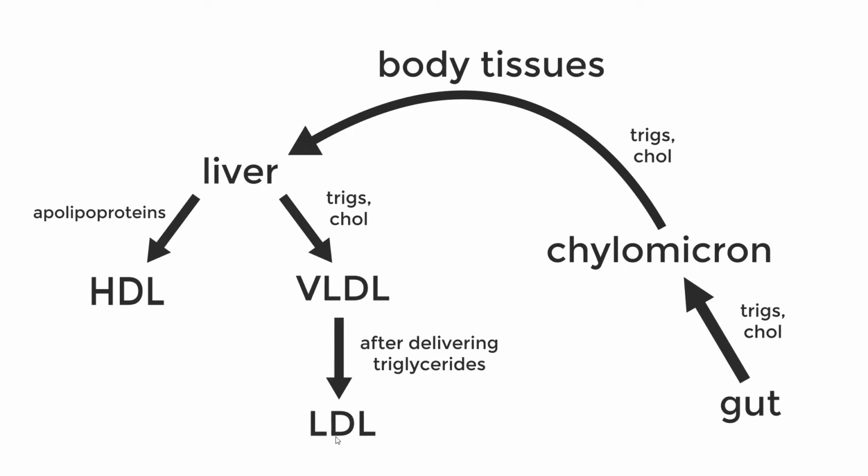The liver also produces HDL, high-density lipoprotein. Unlike the other lipoproteins, its primary purpose is not to deliver lipids to body tissues. It's actually the opposite, to absorb excess cholesterol, which is why it's known as the good cholesterol. Its primary component is not lipids, it's those apolipoproteins.